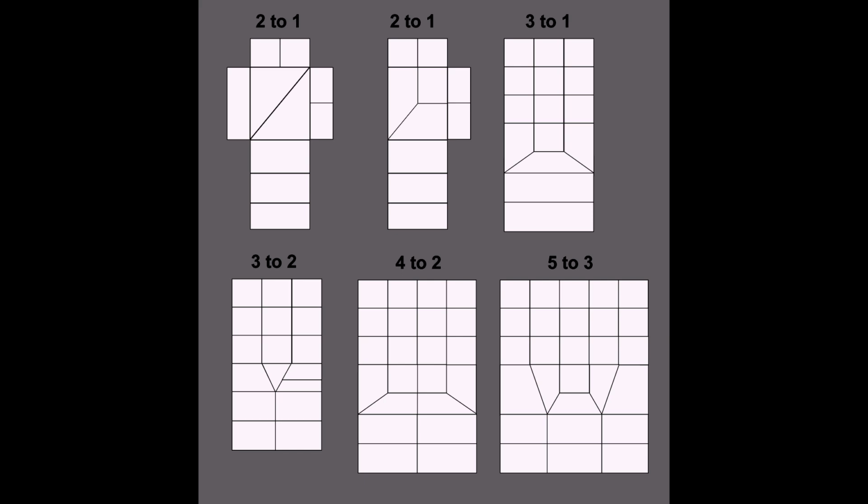The 4-to-2 is exactly the same one, except it has an edge loop going down the center of it. And the 5-to-3 is the exact same as the 3-to-1, but it has two extra edge loops going to the side of it. The 3-to-1 is the one I use more than anything.